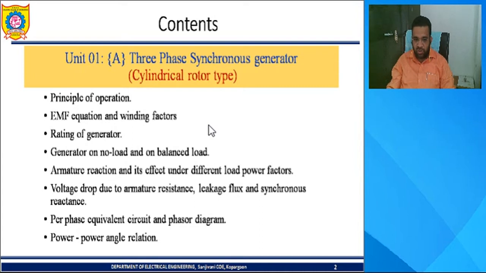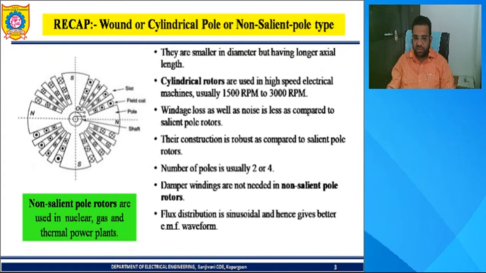Then voltage drop due to armature resistance, leakage flux, and synchronous reactance. Armature resistance, leakage flux, and synchronous reactance are all represented in terms of R and L, where L means inductance. Then per phase equivalent circuit and phasor diagram, and the power and power angle relationship, which is important for the three-phase synchronous generator.